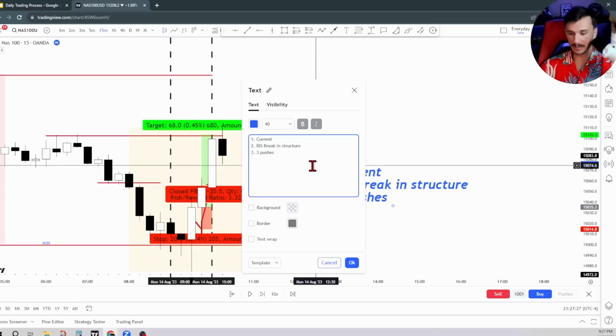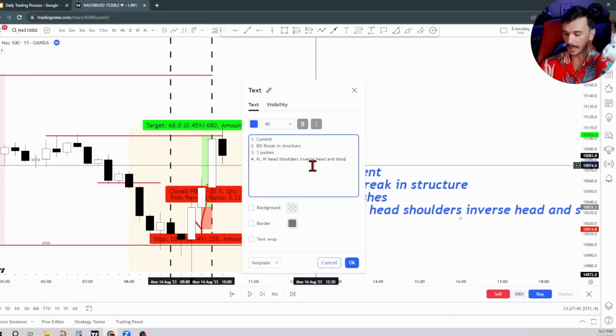Once I have those 3 pushes, I am now looking for a chart pattern. That could be an M, that could be a W, that could be a head and shoulders, that could be an inverse head and shoulders, that could be a triple top or triple bottom. All right. Now, once I have one of those chart patterns, I need an engulfing candlestick pattern, basically to engulf that chart pattern.